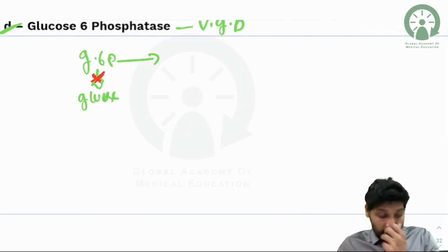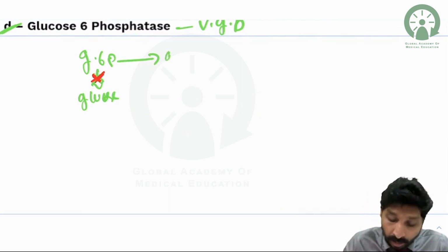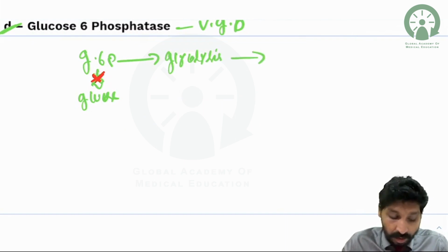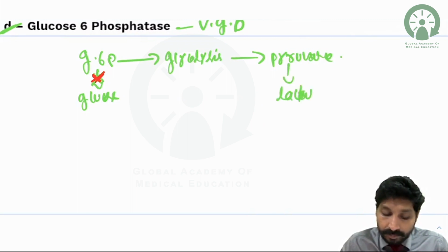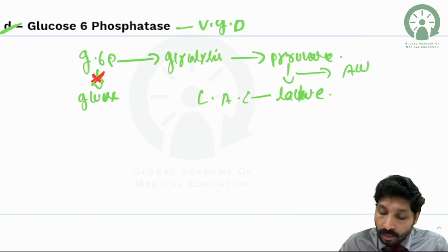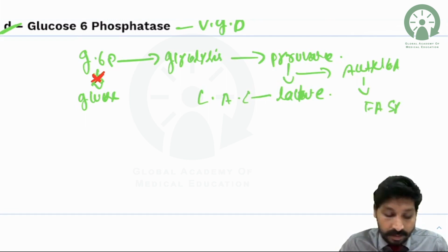So this glucose 6-phosphate enters into glycolysis, forming pyruvate, and this pyruvate forms lactate, leading to lactic acidosis. It also leads to acetyl CoA, and this acetyl CoA enters into fatty acid synthesis.